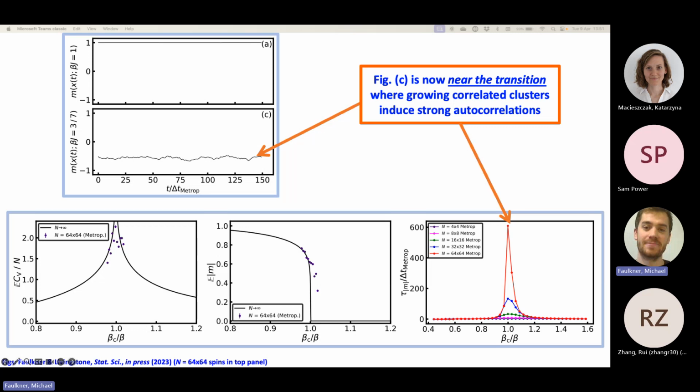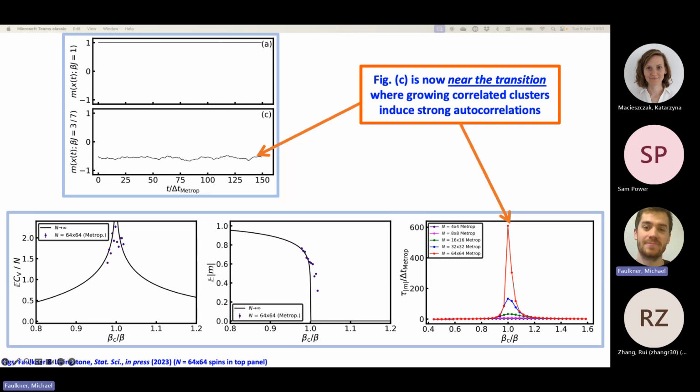And basically, in the region of the phase transition, the integrated autocorrelation time grows with system size. This divergence of the integrated autocorrelation time with the number of particles essentially defines critical slowing down.